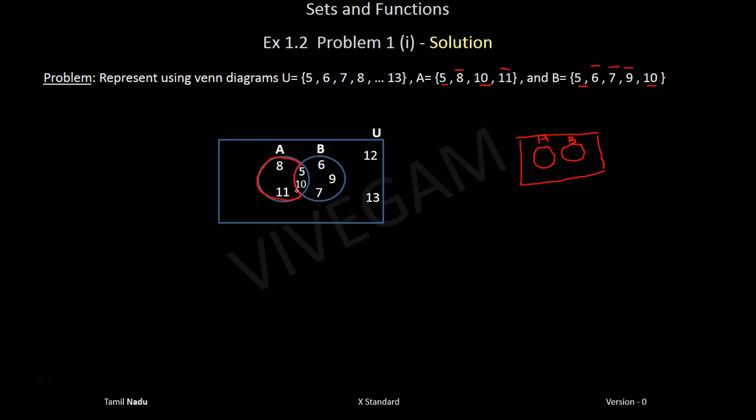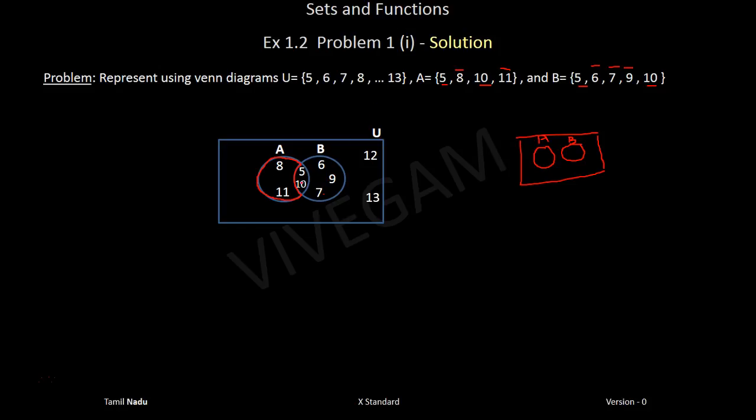Now you have put all these elements. What you need to check is that we cover all the universal set elements. If they are covered, then we can leave it as it is. If they are not covered, it means they are the elements which are not in A and B, which means we need to put them outside of A and B. Okay, now let's check. 5, yes, it is there. 6 is there, right? 7, yes, it is there. 8 is here. 9, yes, here. 10, 11, so 12 and 13 are not here. 12 is here?